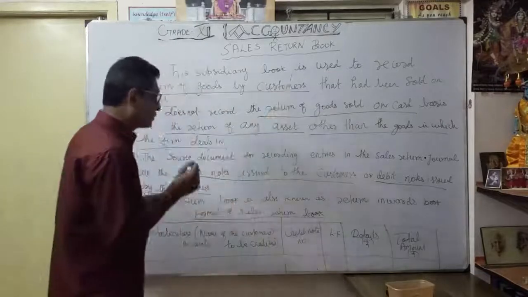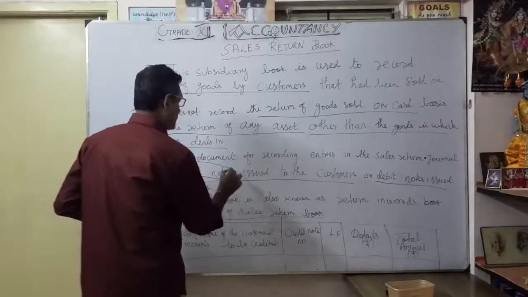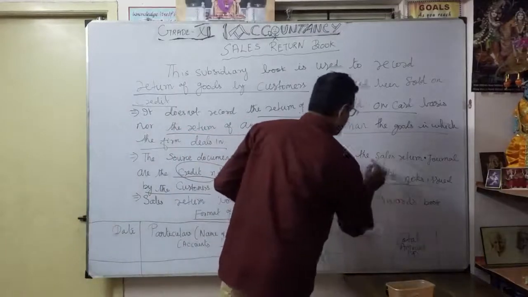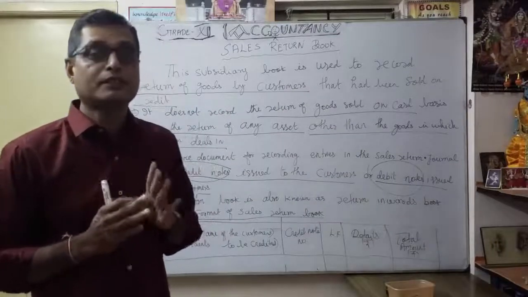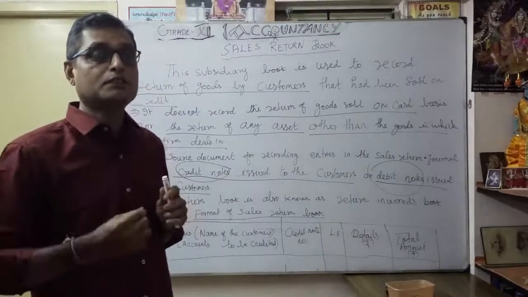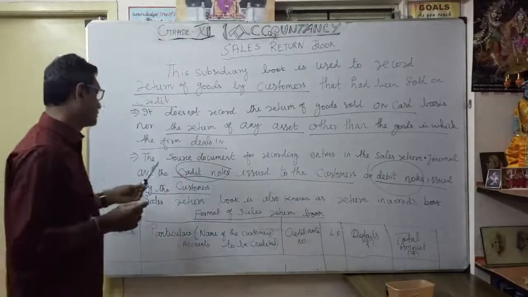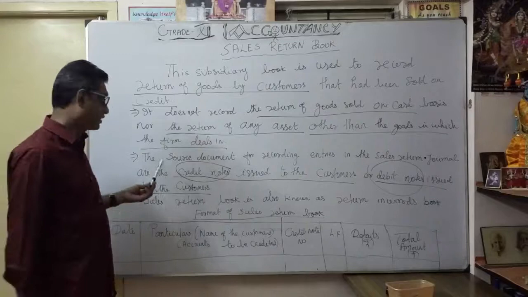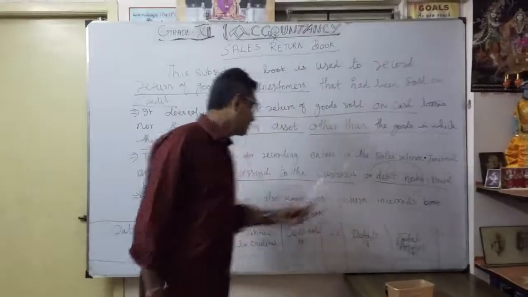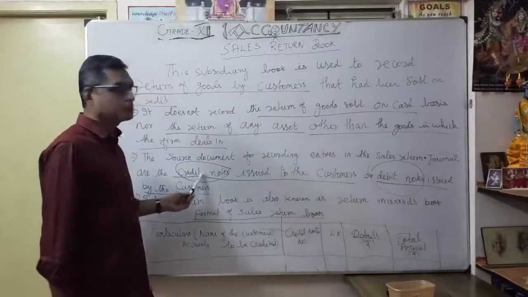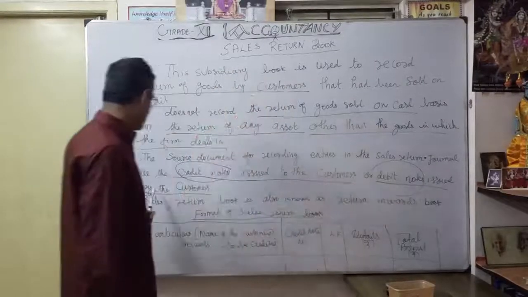Here also, the credit note and debit note are very important. Whenever goods are returned, the debit note and credit note are important document evidence. Based on the preparation of the document, we record the sales return here. Understood? I repeat once again: the source documents for recording entries in the sales return journal are the credit note issued to the customer or the debit note issued by the customer.